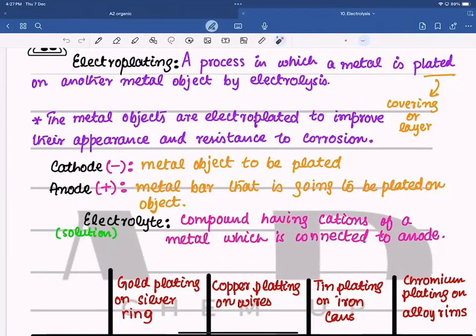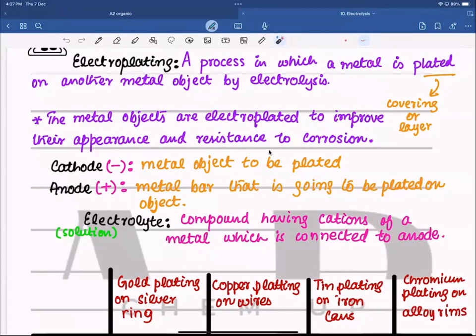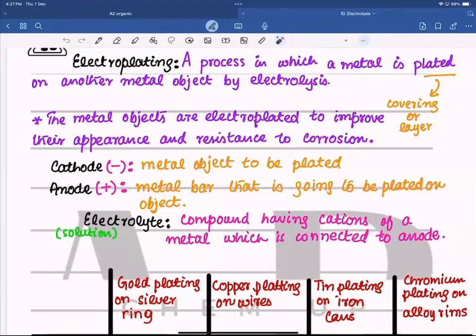So it means that when we are using an aqueous electrolyte, the compound having a cation must be lower than hydrogen in the reactivity series. Yes, Aisha, did you understand till here? Yes, sir.